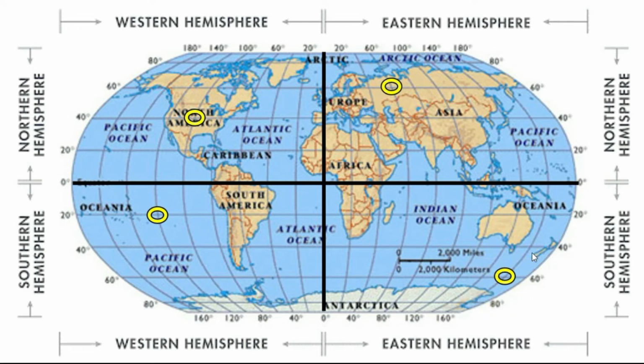This point is in the southern hemisphere, but also in the eastern hemisphere. And this point is in the southern hemisphere and the western hemisphere. So make sure you have a good understanding of that. I know it can be a little bit tricky, but if you do feel comfortable about this, then we'll go on to the next thing.